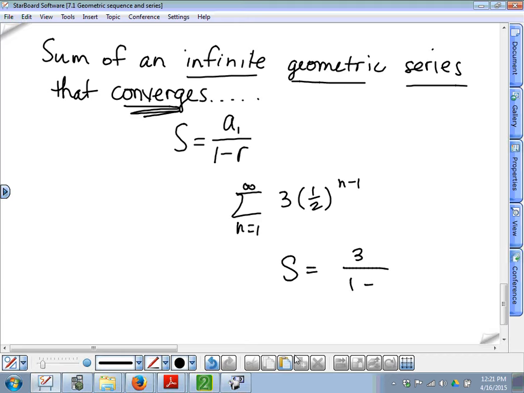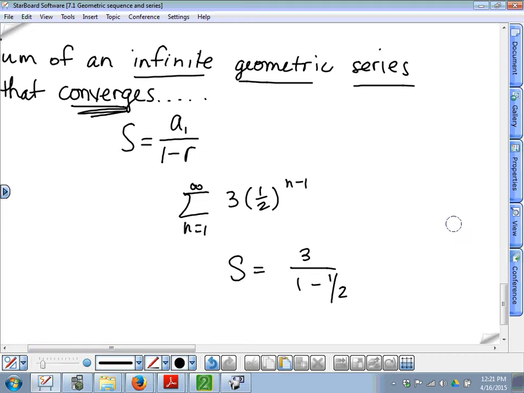And then it's 1 minus the common ratio. The common ratio is? So it would be 1 minus 1/2. Okay. Well, 1 minus 1/2 is just 1/2.